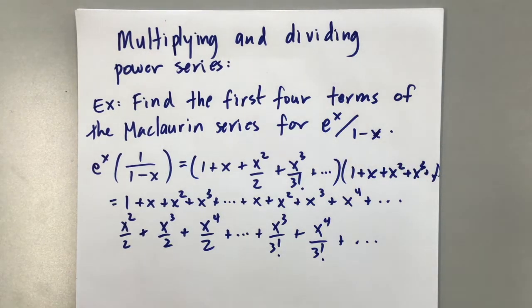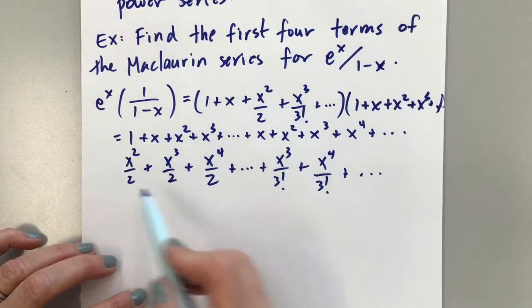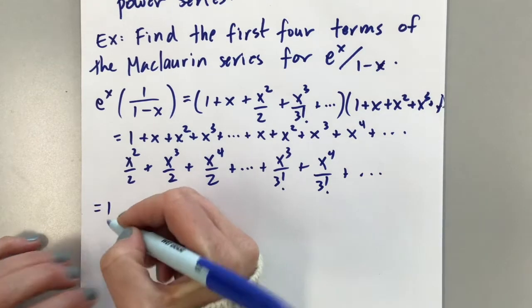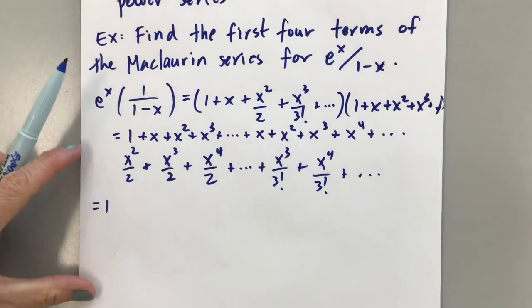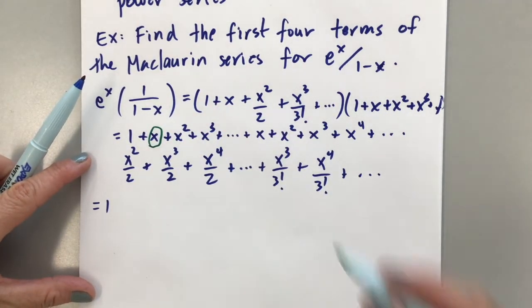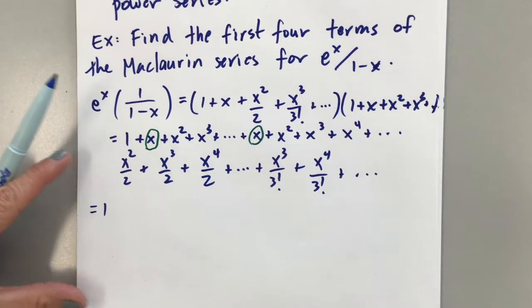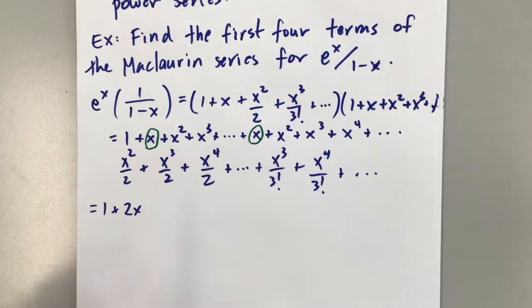All right, so at this point, we're going to collect like terms. Okay, so we have 1, but there are no other constants here, so it's going to be 1. And then we need to collect the terms that are just to the power of 1. So we have here 1 x to the power of 1, and we have another x to the power of 1. Okay, so we get 2x there. Then we want to do the x squared terms.